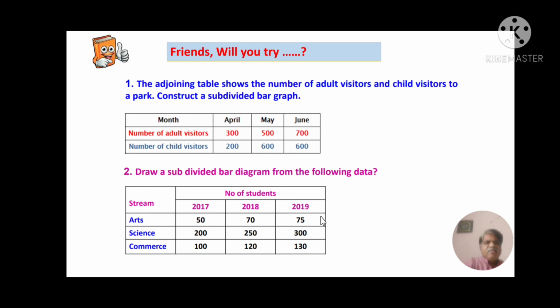And in the year 2019, 75 students are going for arts, 300 for science and 130 for commerce. Accordingly, here again you have to find the total number of students and then divide them into 3 different bars. So friends, I think you will try this one and certainly you will get a nice subdivided bar diagram.